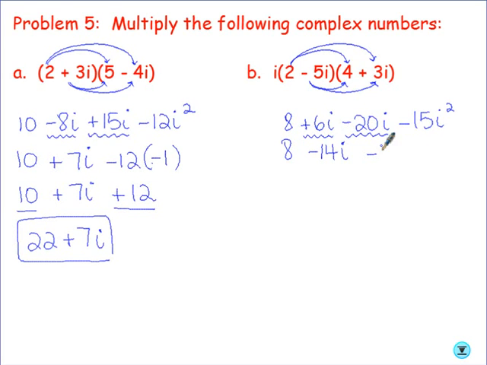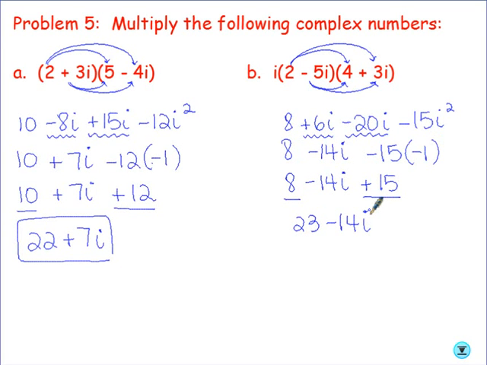Keep the negative 15, but change i squared to negative 1. Keep going the way we've been doing. Keep the 8, keep the negative 14i. Negative 15 times negative 1 is positive 15. And 8 plus 15 is 23 minus 14i.